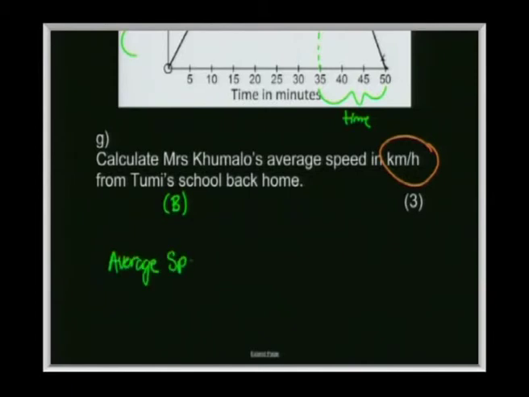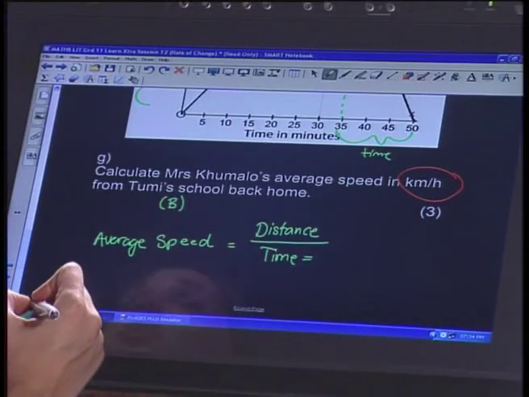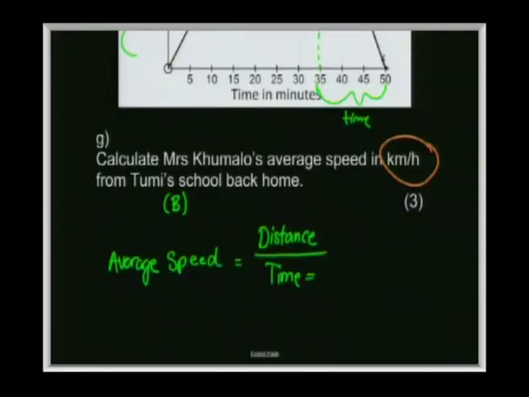Average speed is equal to distance divided by time. Now, once again, you have to make sure that you convert your speed into kilometers per hour, because at this point in time, your time is given to you in minutes, which will give you an answer of kilometers per minute when you do this calculation.